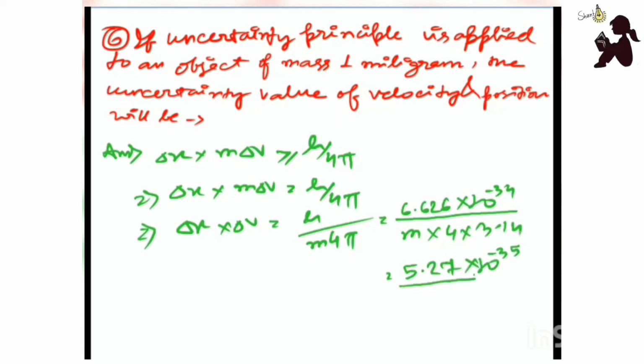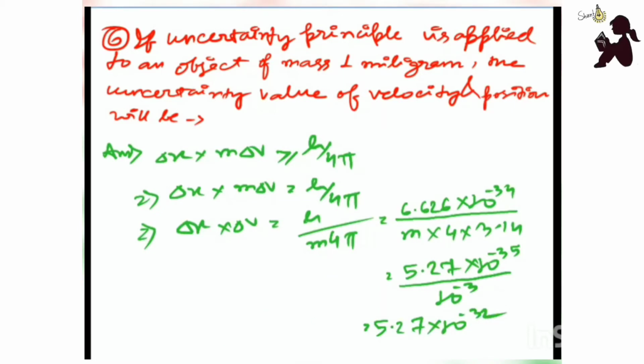We have to remember it. Now any mass can be given, so these are the constants. We have just put the value after calculation. So they have said 1 milligram, right? So 1 milligram means how many grams? That is 10 to the power minus 3 grams. So it will be 5.27 into 10 to the power minus 32. That will be the answer.